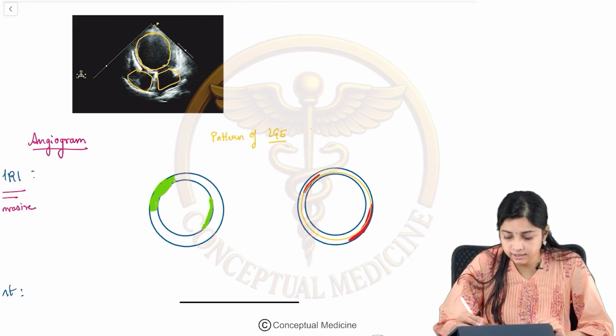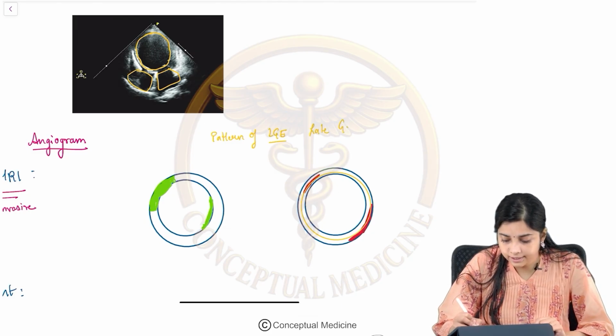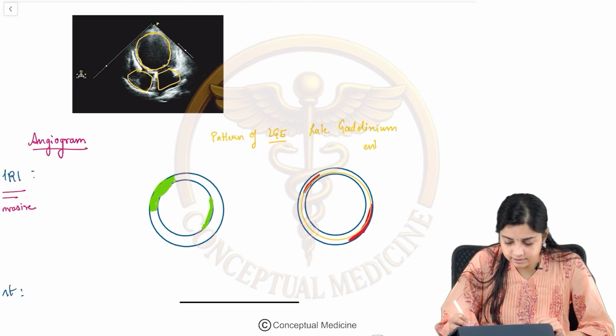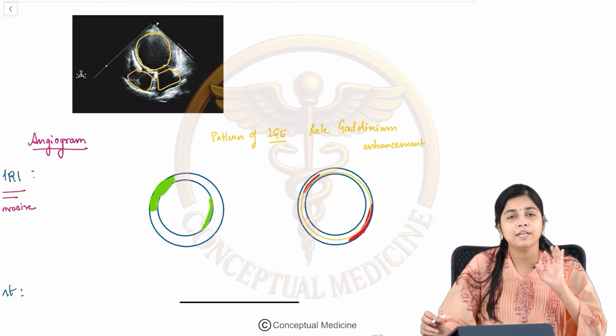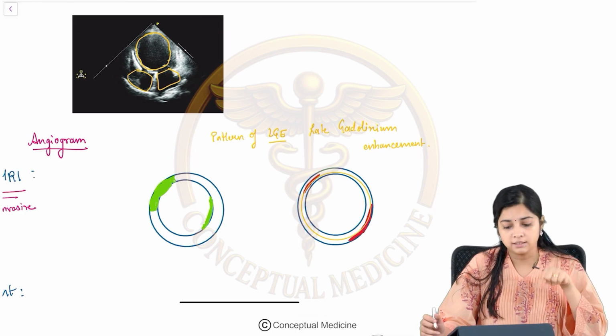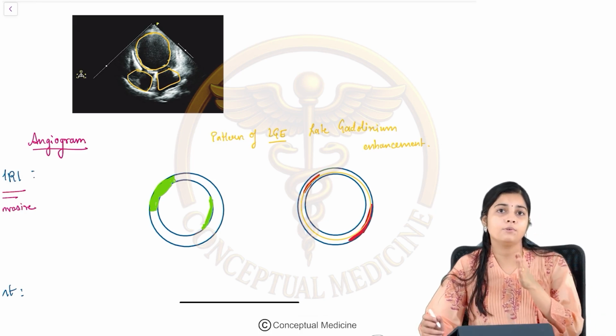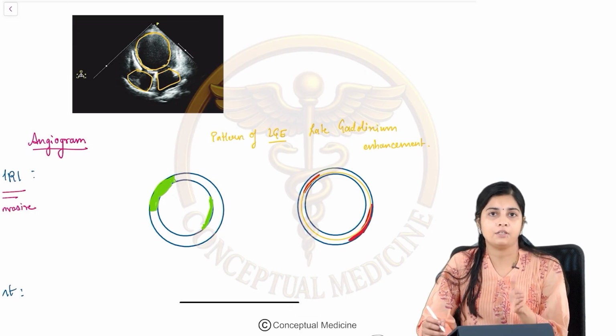What is LGE? It is the late gadolinium enhancement. So you do a late gadolinium enhancement sequence and you find out the pattern of the cardiac involvement, and using this you can find out whether this is an ischemic etiology or a non-ischemic etiology.